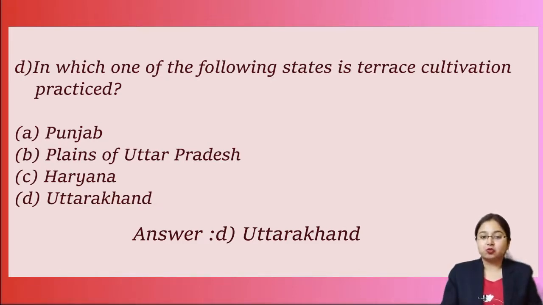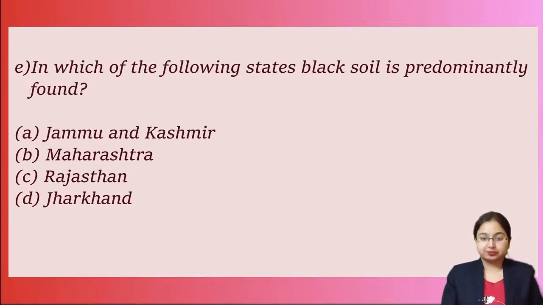Now the last question, question number 5 of the multiple choice questions. The question says, in which of the following states is black soil predominantly found? Options are Jammu and Kashmir, option B, Maharashtra, option C, Rajasthan, and option D, Jharkhand. Before telling the answer, let me just brush up regarding black soil. Children, black soil is also called regur soil or cotton soil. Why is it called regur soil?